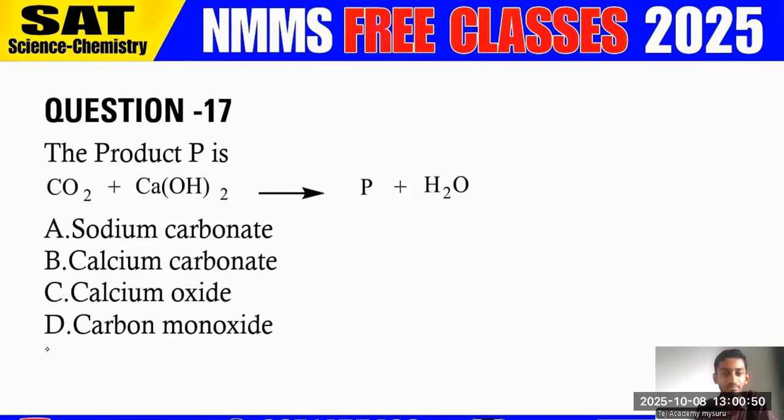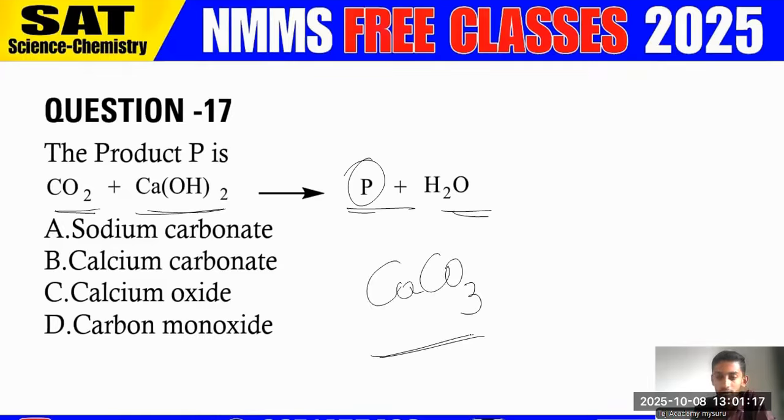Dear students, in the reaction they have given, carbon dioxide is reacting with calcium hydroxide to give a product P and water. I already discussed this reaction in the previous questions. When carbon dioxide reacts with calcium hydroxide, you will get the product P as calcium carbonate.